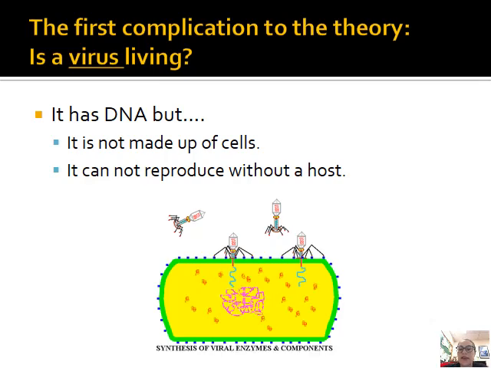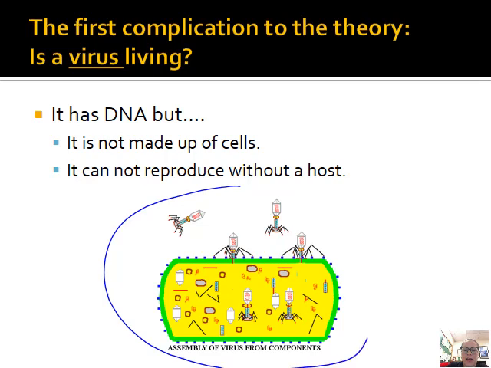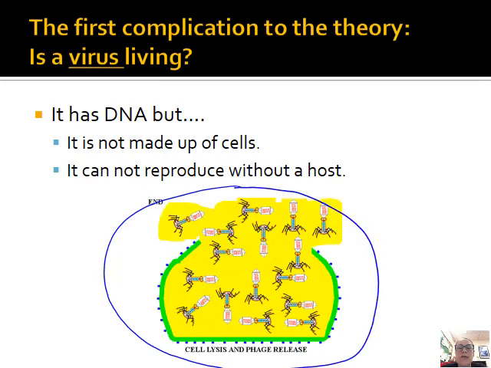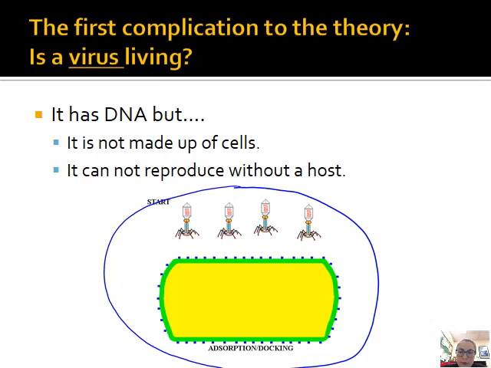If we look at the animation on the bottom, we'll notice that these little viruses are docking on the surface of the cell membrane. When they dock on the cell membrane, they're injecting something into the cell, and it's causing the viruses to burst out. This is how they reproduce. Viruses depend on a living host. For example, this is a bacteriophage. They infect bacteria.